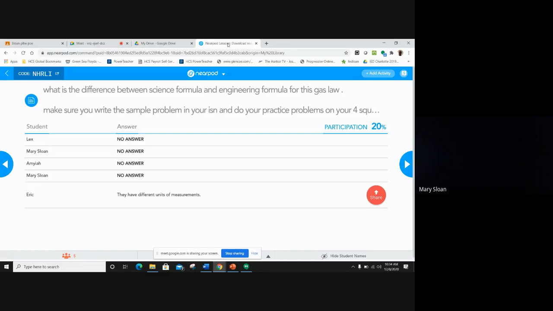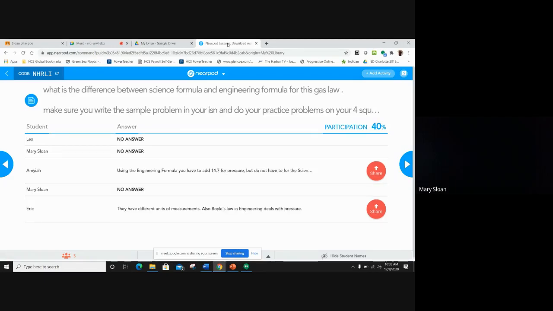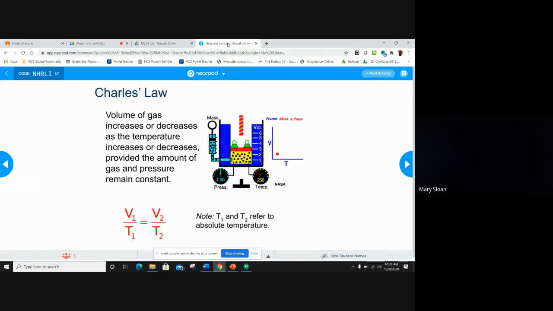We have to have gauge pressure plus atmospheric pressure to get absolute pressure. Besides that, the other thing is we have to change it to scientific notation. In science, we don't have to change it to scientific notation, but in this one, we do. Fantastic. All right, let's go to the next one.